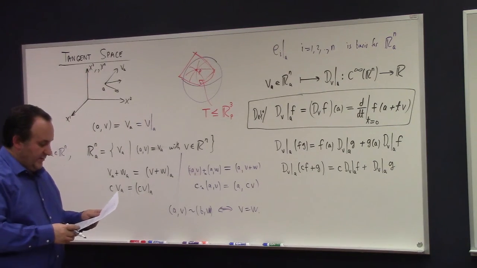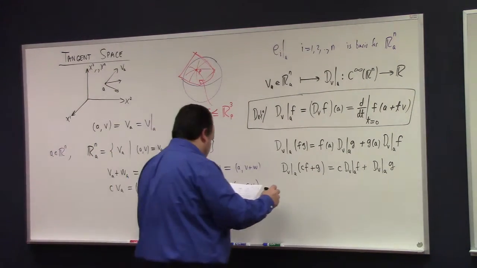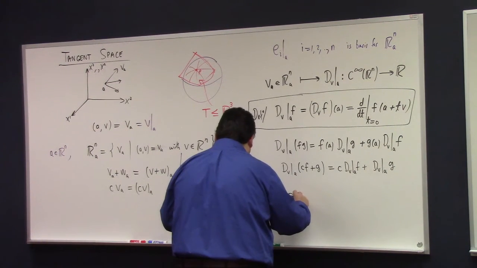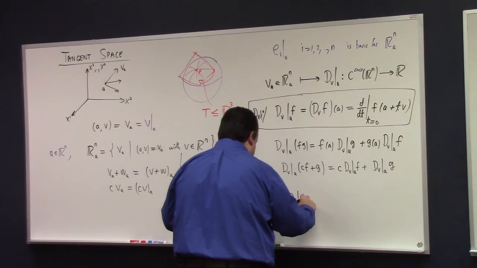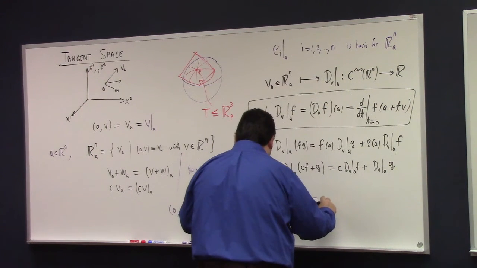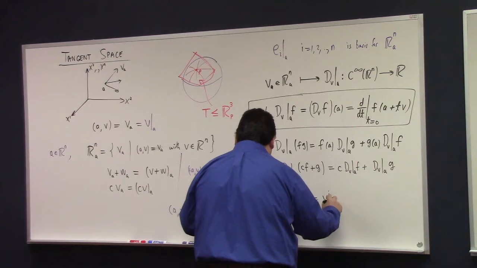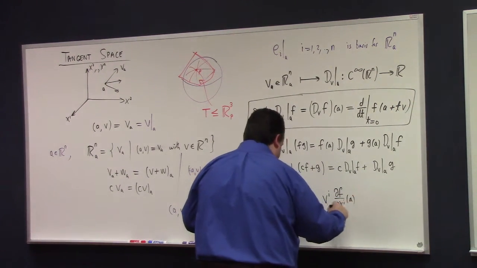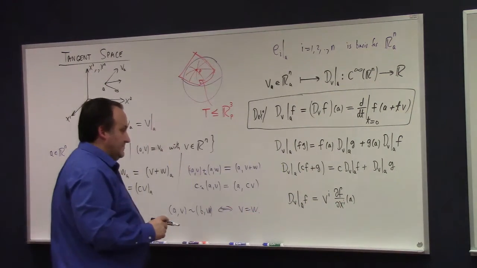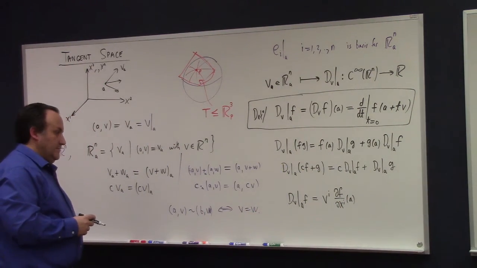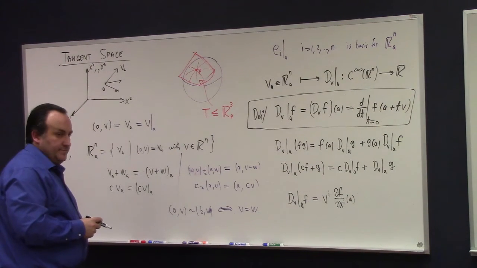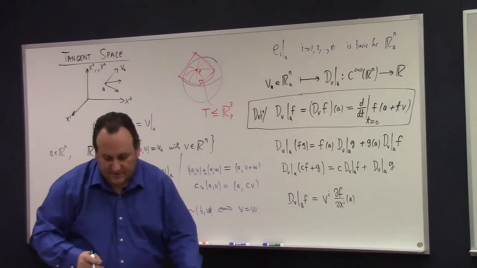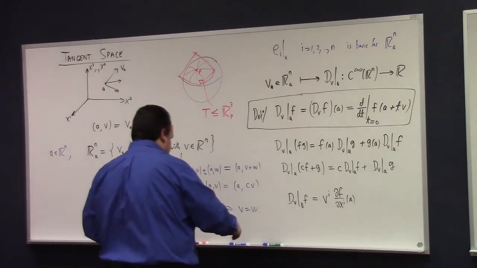And he says, if you want to be more concrete here, you should notice that we can in fact write D_v at a of f equal to v^i partial f partial x^i of a. If I could just drop back to Calc 3 notation for a sec: what is this in Calc 3?